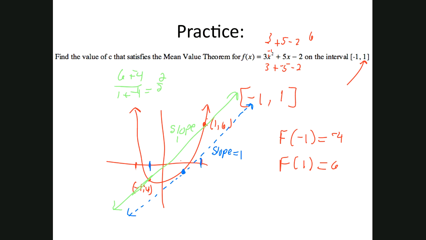You take the derivative of this thing and you set it equal to the slope. So if I take the derivative of this, that gives me 6x plus 5 is equal to 1, because that is the slope. So if I solve this, 6x equals -4. Divide through by 6. I end up with -4/6, which is -2/3.